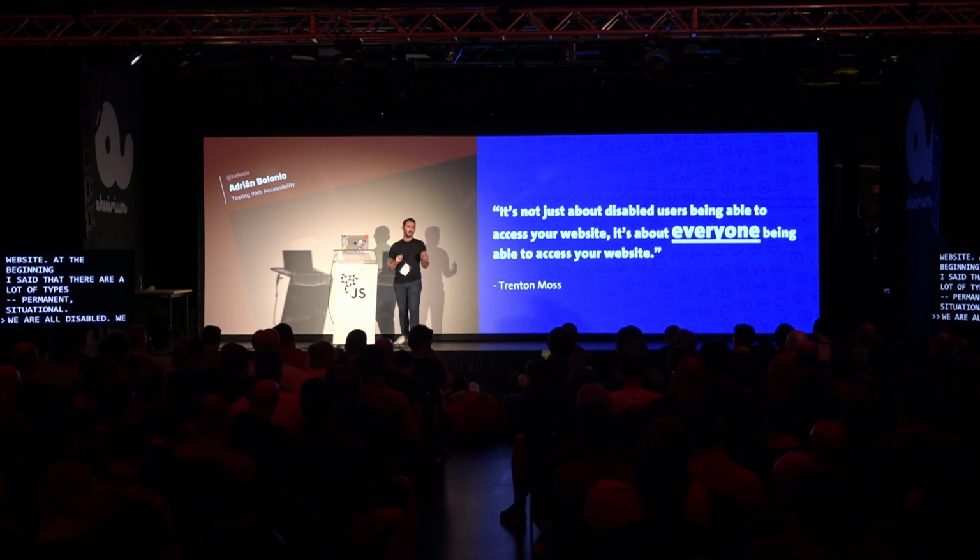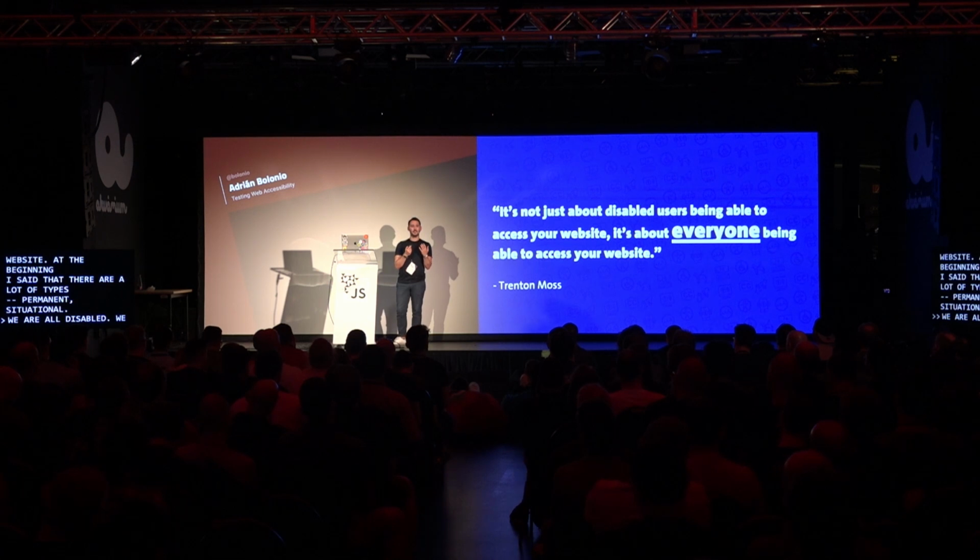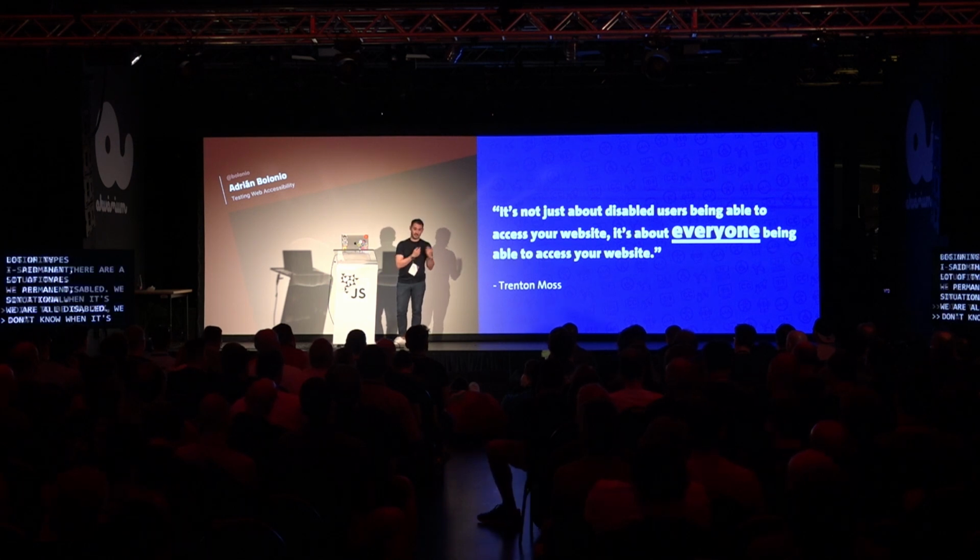So we need to understand that we are not doing accessible websites for disabled people, because you don't know your users. Maybe you heard that before. You don't know who you are building websites for. And there's one true thing, you're not building websites or products for your company, you're building websites for humans, okay?